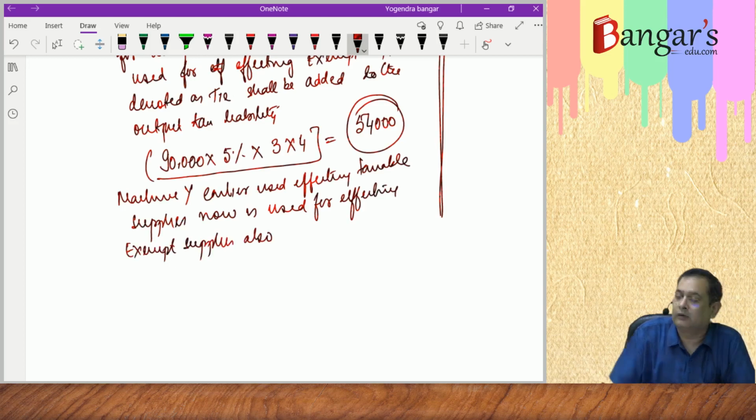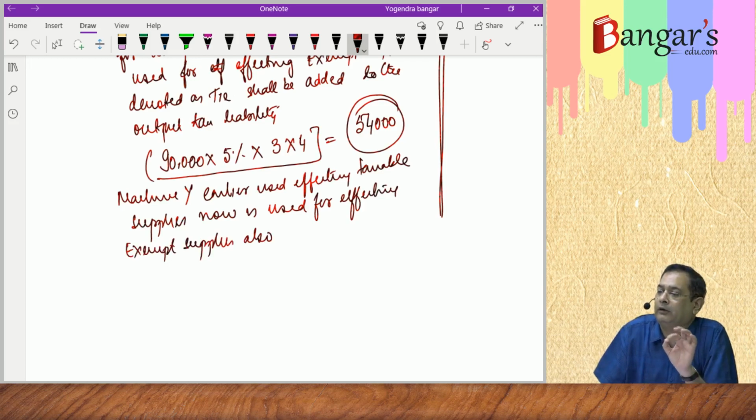So here the amount of input tax would already have been credited where? In the electronic credit ledger.